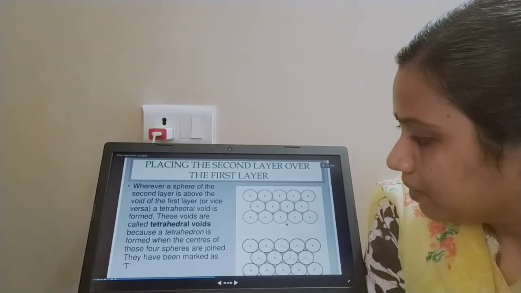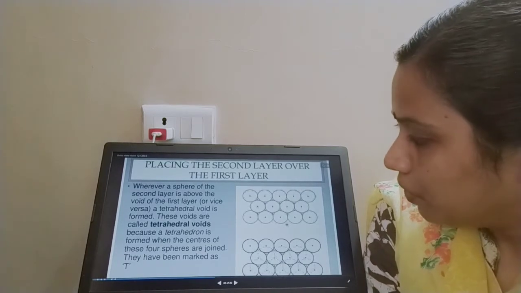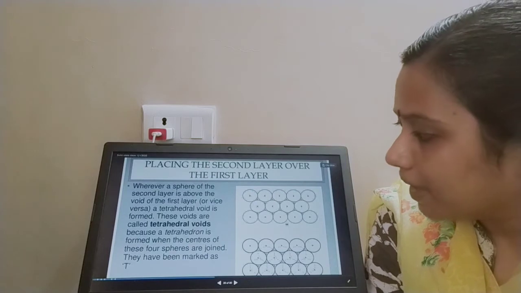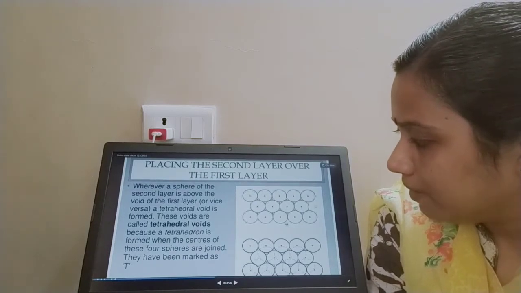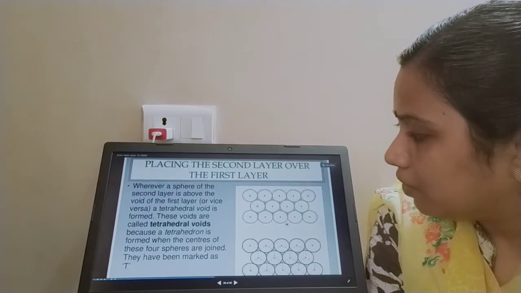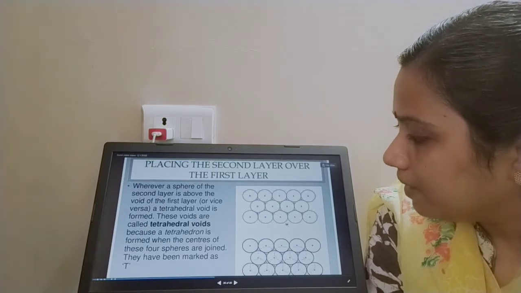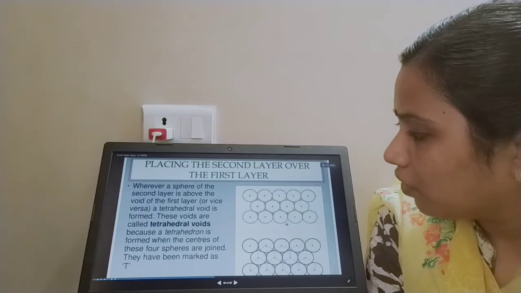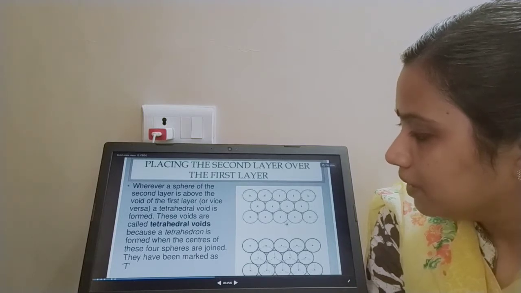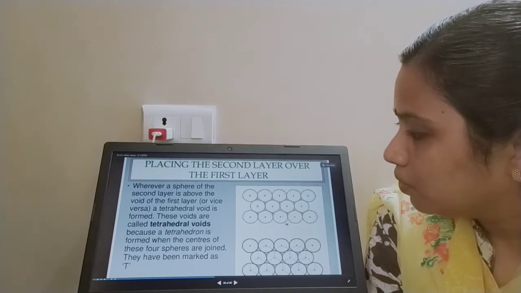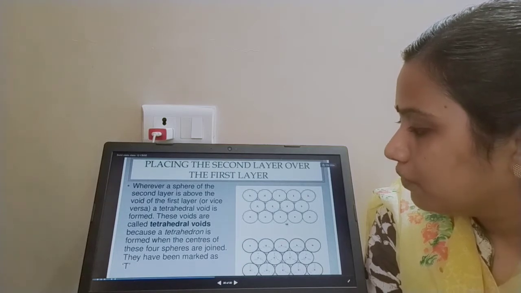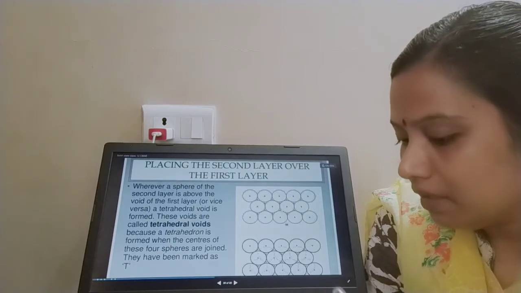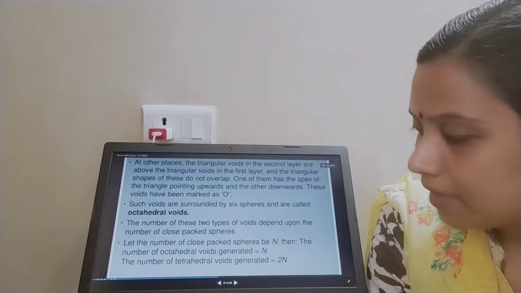See, as I told you, I have arranged layer 1 and I have arranged layer 2, and tetragonal voids are formed between 4 spheres. See, 1, 2, 3, 4. 4 spheres forming a void is a tetragonal void. This is called a tetragonal void.